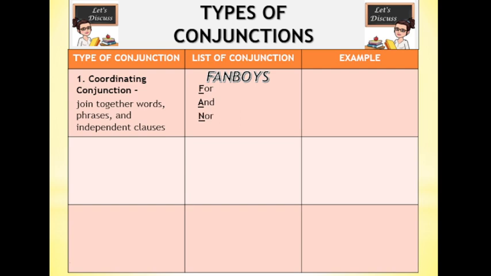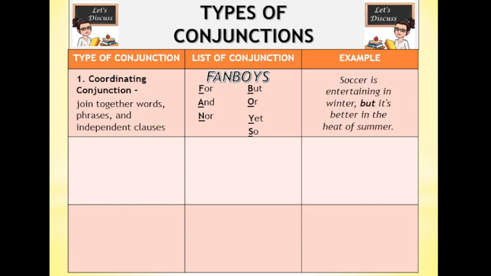N, nor, which we use to present an alternative negative idea to an already stated negative idea. B, but, which shows contrast. O, or, presents an alternative or a choice. Y, yet, which introduces a contrasting idea that follows the preceding idea logically. And S, so, which indicates effect, result, or consequence.